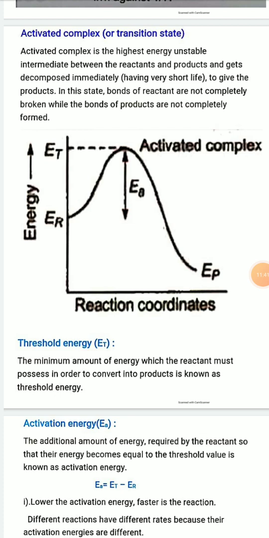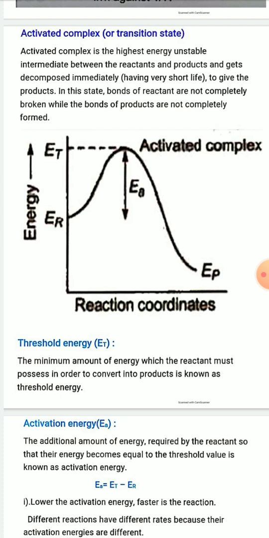You know that in a chemical reaction, reactants undergo a chemical change to give products. The activated complex is the highest energy unstable intermediate between reactants and products. Initially the bonds start breaking in the reactants, and new bonds start forming in the product molecule. The activated complex is the highest energy unstable intermediate between reactant and product, and it decomposes immediately, having a very short lifetime, to give the product.